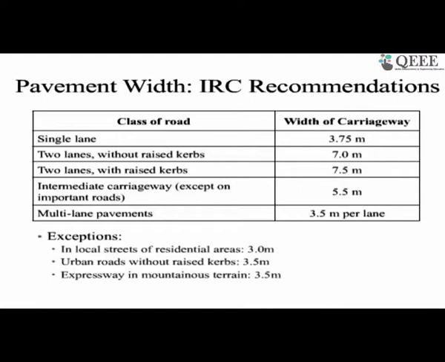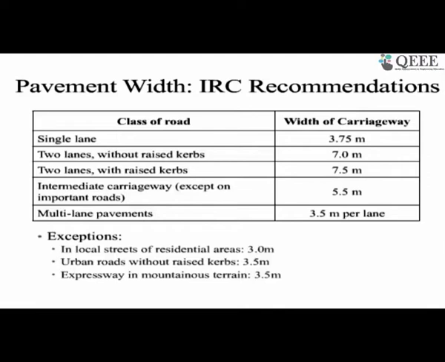But nowadays, most of the intermediate lanes are being converted to 2 lane at least. In the multi-lane pavement, as I told you, it will be a multiplication of 3.5 meter per lane. Now, these 3.5 meter or 3.75 meter widths are for higher speed roads, where you have enough land width. If you are in a local street where the speed is quite low and you don't have a lot of right of way, you can have a pavement width of up to 3 meters.